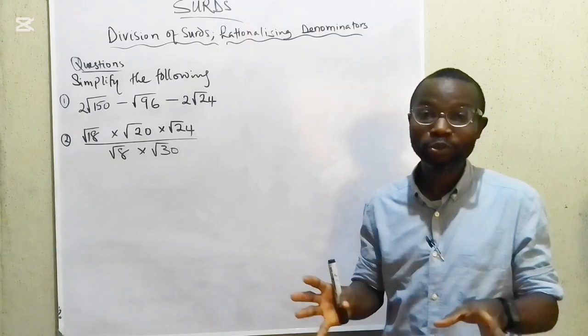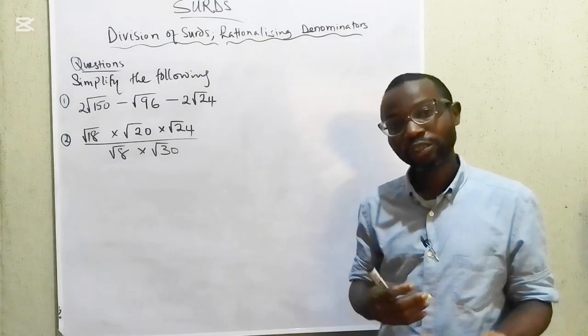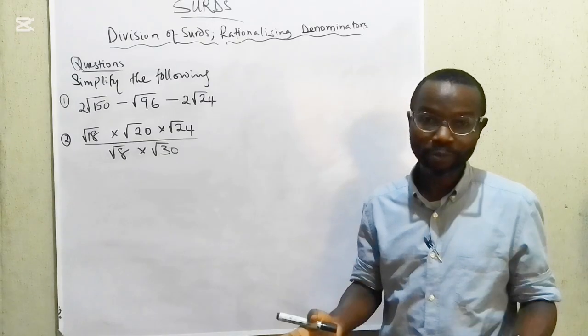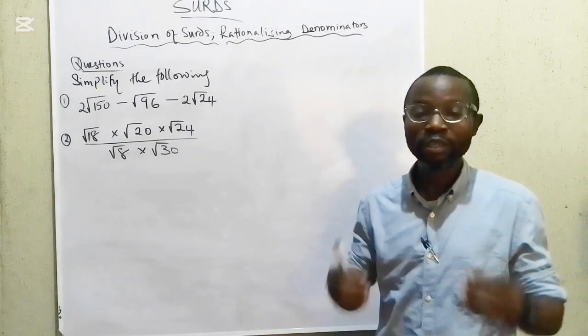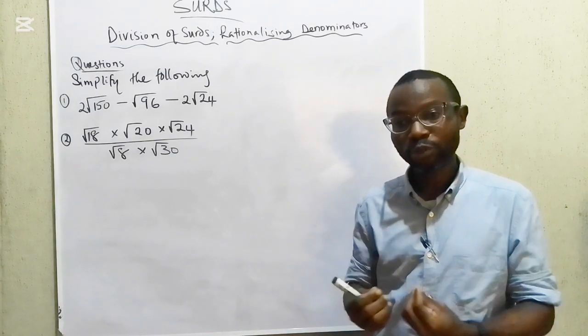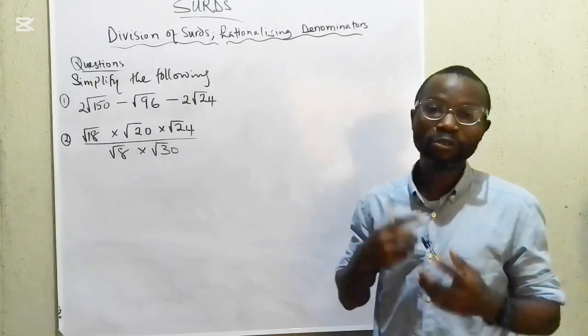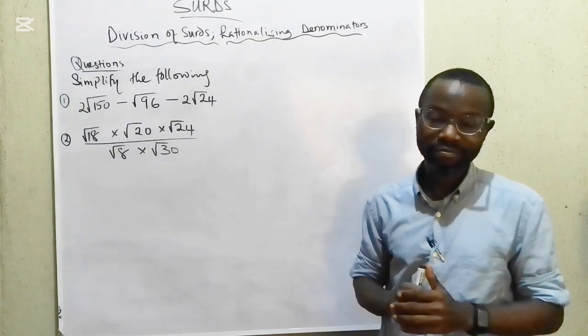So the best thing to do is to change the denominator to a whole number or rational number. So what you do is to rationalize it. In rationalizing it, what you do is to multiply both the numerator and the denominator with the surd.